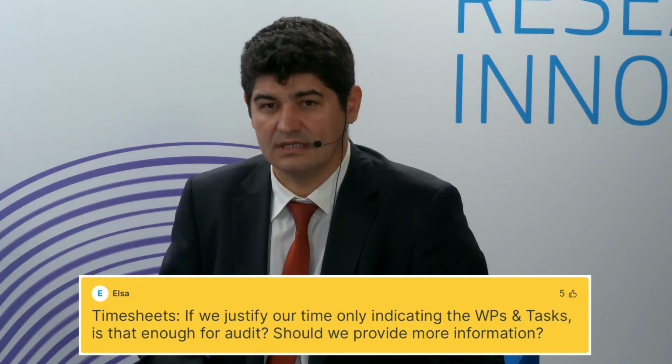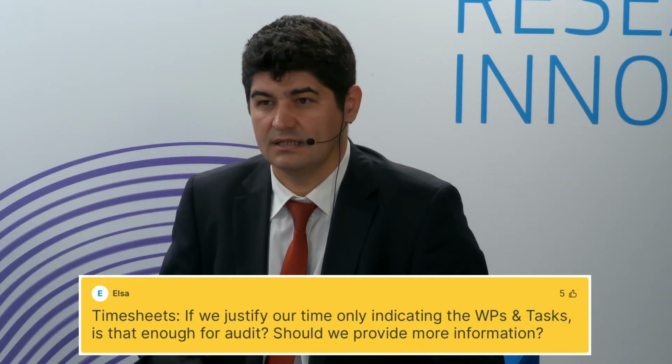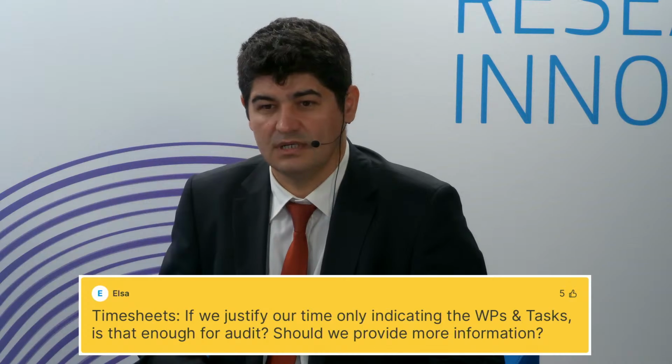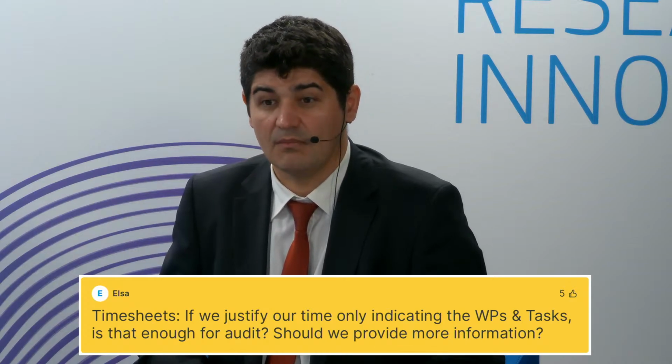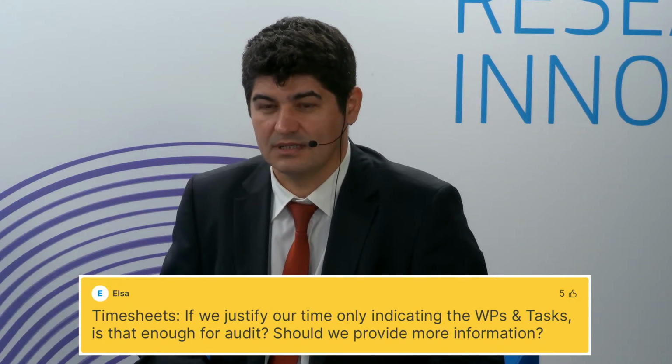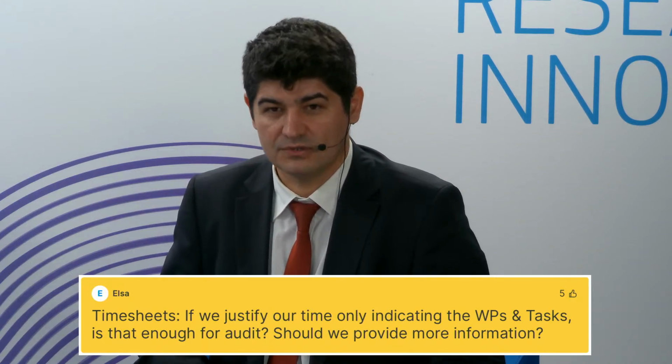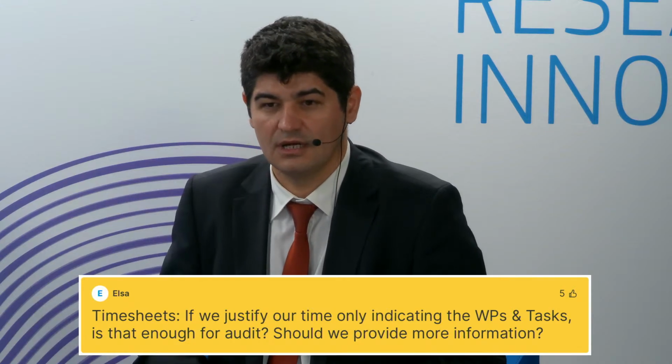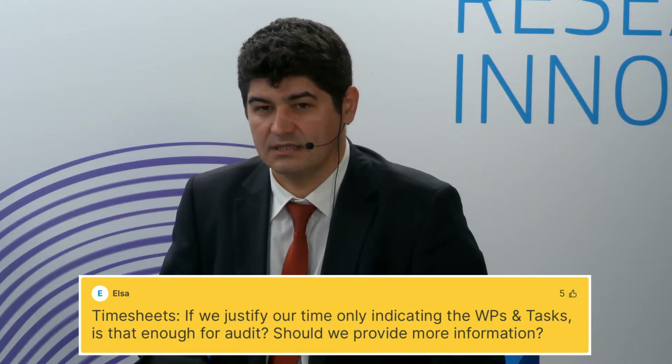So basically the name of the beneficiary, the name of the work package as well, eventually the task, the number of hours worked on the action. So let's not forget the most important part. Also, the name of the person working on the action and their signature, the name of the supervisor and their signature.